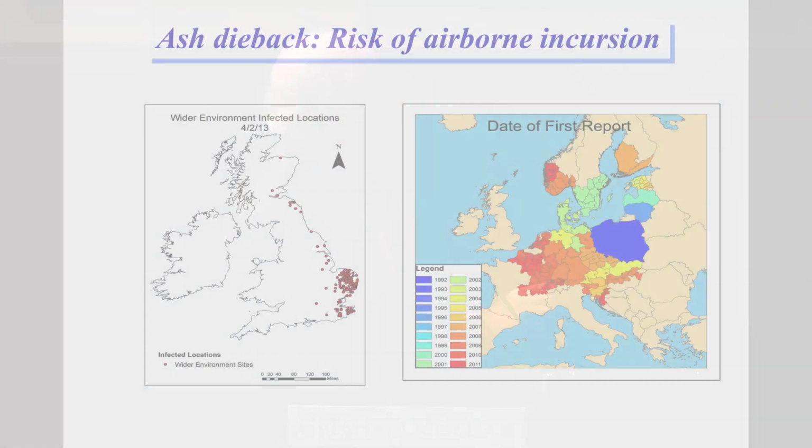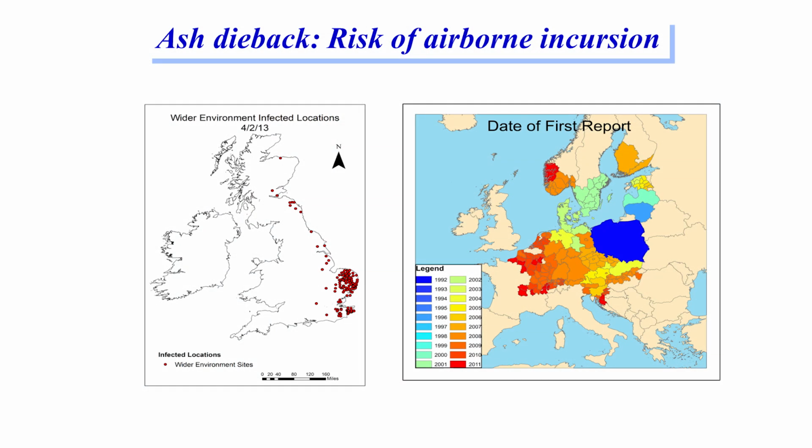And if we trace what we know about the fungus, it first occurred in Poland in about 1992, and as we step through the blues, coming through the yellows to the reds, you can see the progression here as recorded throughout Western Europe.